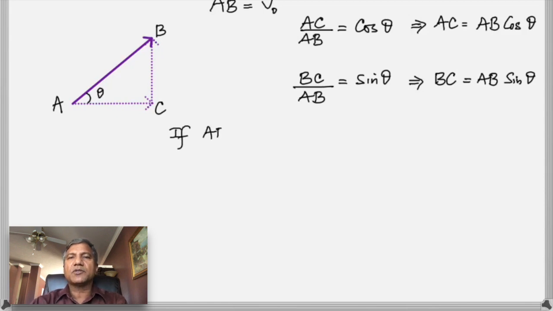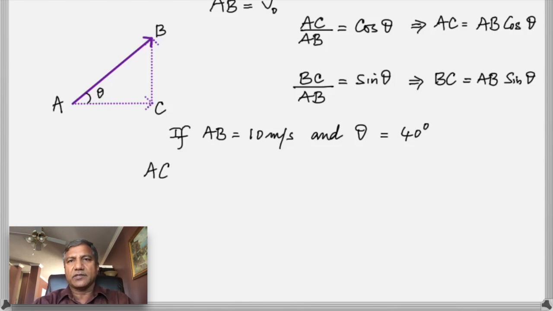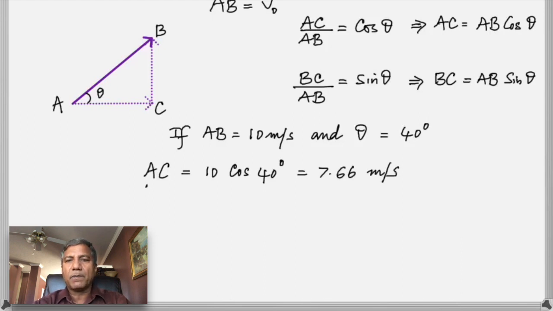So now let's assume that AB has a value of 10 meter per second, and theta is 40 degrees. If that's the case, then AC is 10 cosine 40, which gives 7.66 meter per second.